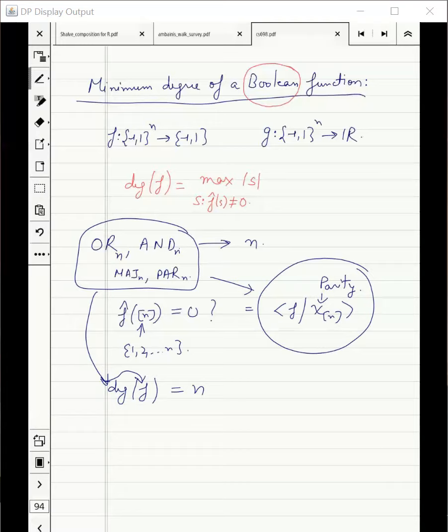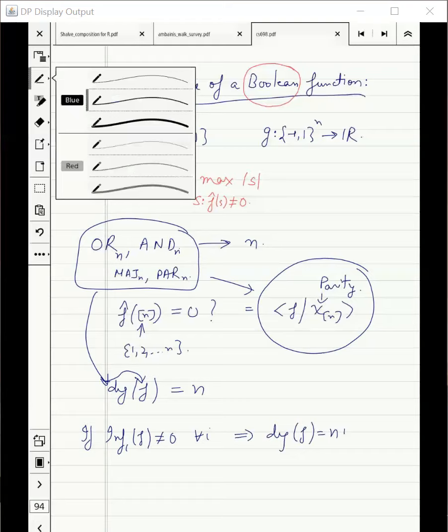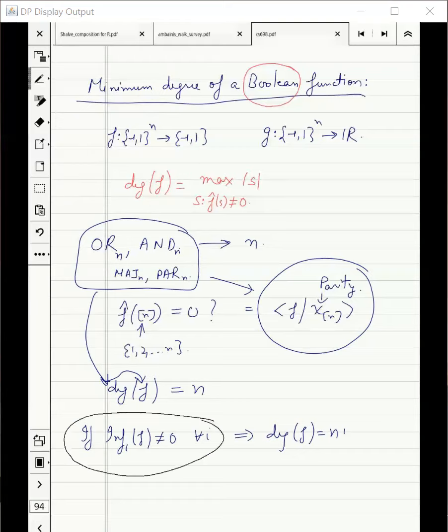Now, you might be thinking, as one of you already mentioned, that if this is non-zero for all i, it implies the degree of f is equal to n. To start with, forget about this. I will put this constraint very soon.